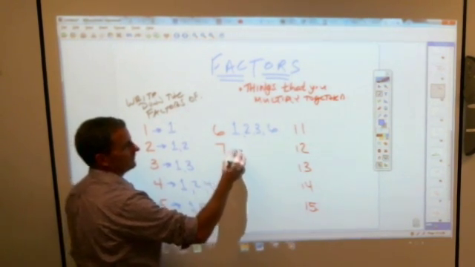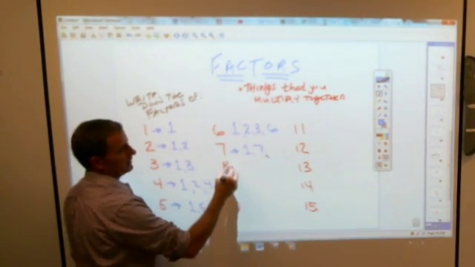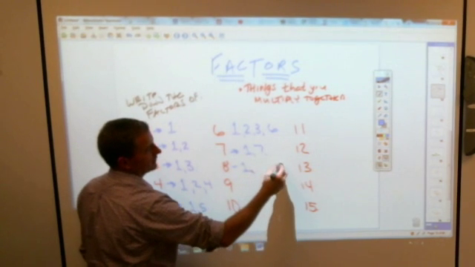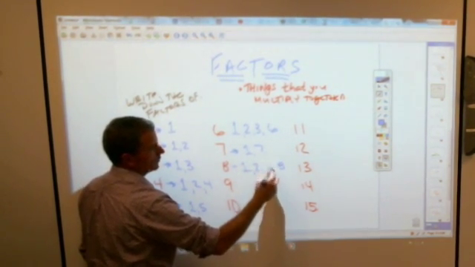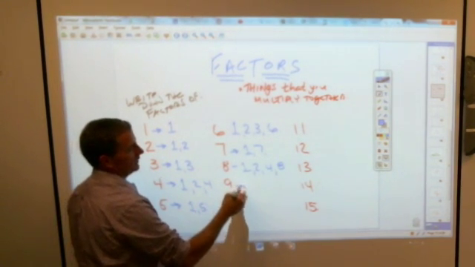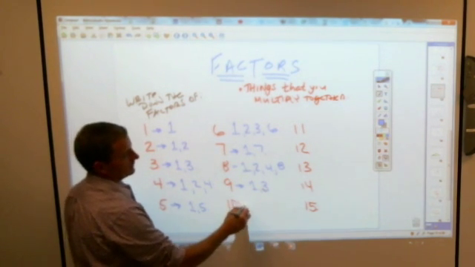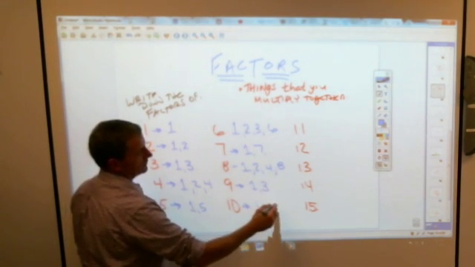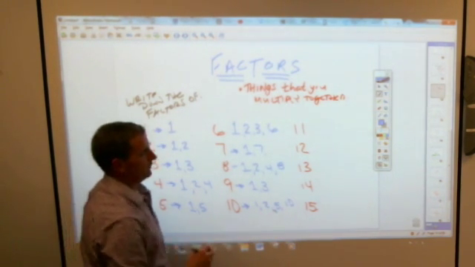7, factors of 7 are just 1 and 7. Factors of 8 are 1 and 8, and 2 and 4. 1, 2, 4, and 8. Factors of 9, 1 times 3. Factors of 10, 1, 10, 2, 5. 11 is a pretty simple one.